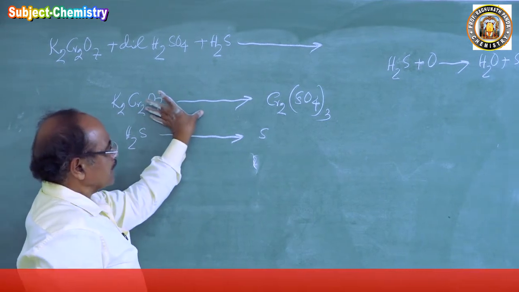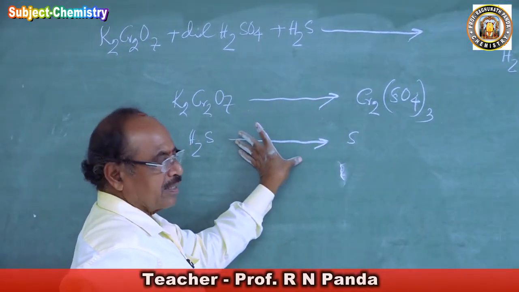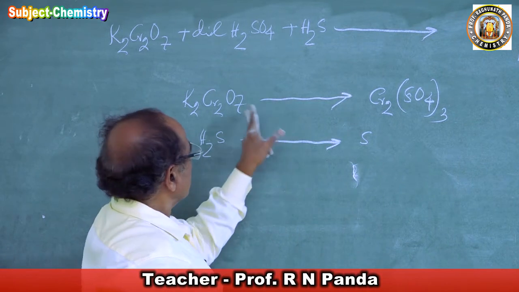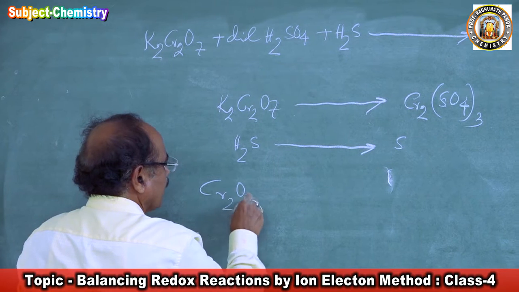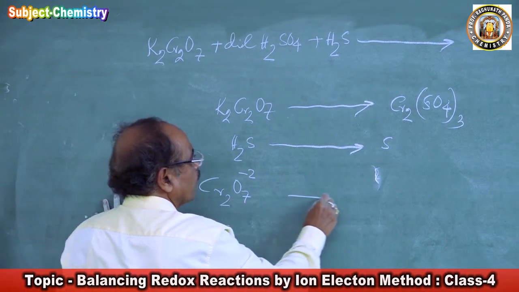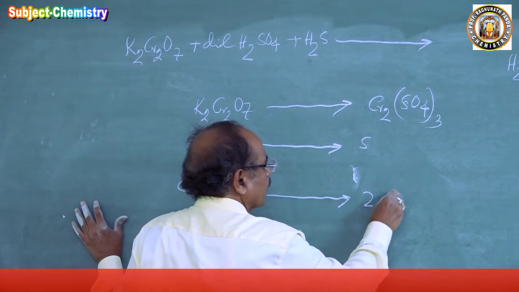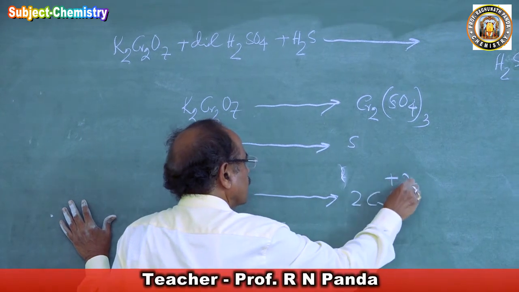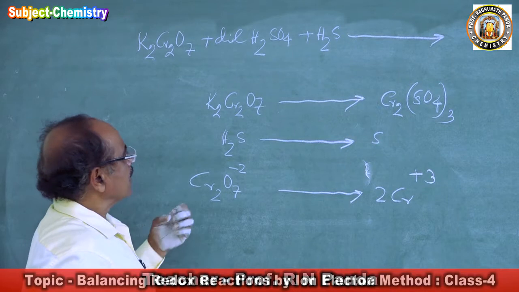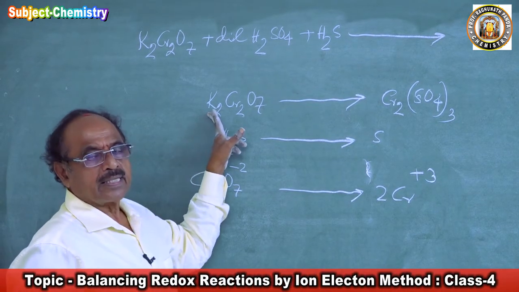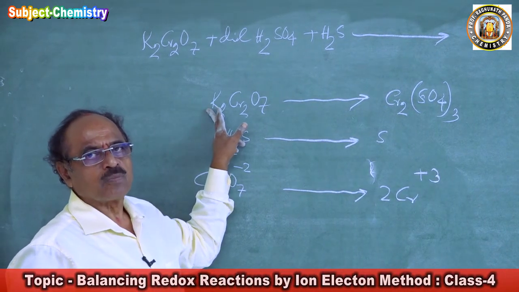So we will write this in ionic form. For potassium dichromate, Cr2O7²⁻ is forming 2Cr³⁺. Somebody may question, sir, why not potassium you are taking? Because the oxidation number of potassium is not changing.